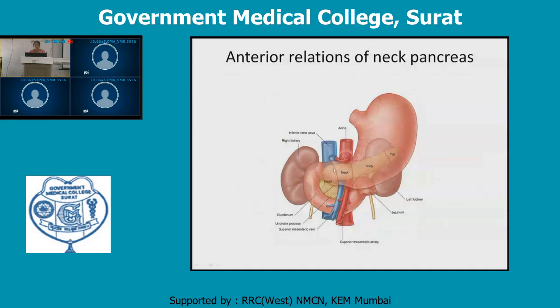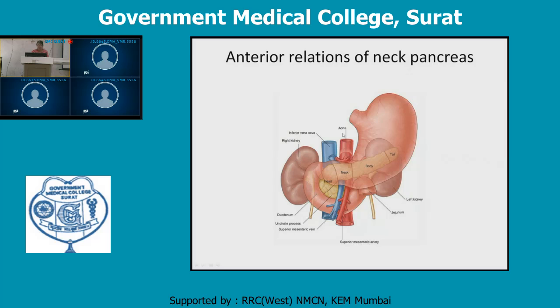Posterior to the neck there is the portal vein. So remember these three vertically running structures from right to left: inferior vena cava, portal vein, and aorta. This is the posterior relation of the head, this is the posterior relation of the neck, and this is the posterior relation of the uncinate process. This lies posterior to the uncinate process.